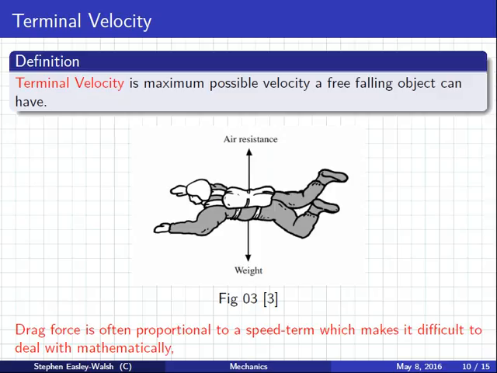Continue. Now, something important to note about drag. Drag is often proportional to speed. This means that as he falls faster and faster, the drag force increases. In fact, this makes it very difficult to deal with mathematically, too difficult for this course.